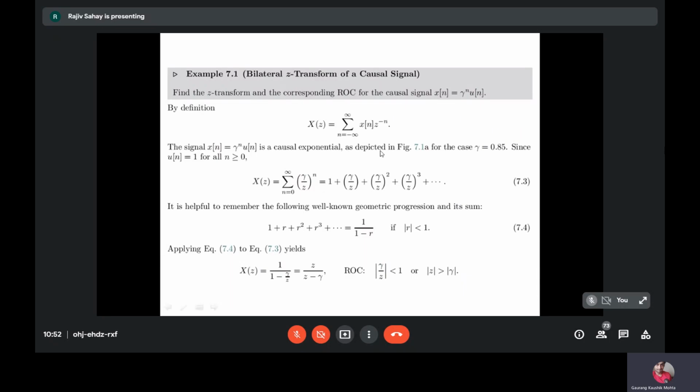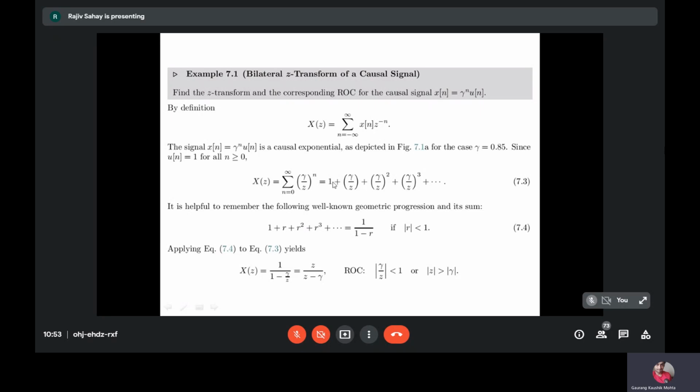So this is a causal exponential, and the case we are analyzing is gamma equal to 0.85. So we start to form this right hand side. If you express x of n as gamma to the power n u of n, then the lower limit becomes 0 to infinity, and it becomes gamma to the power n z to the power minus n. That is, it is gamma by z whole to the power n.